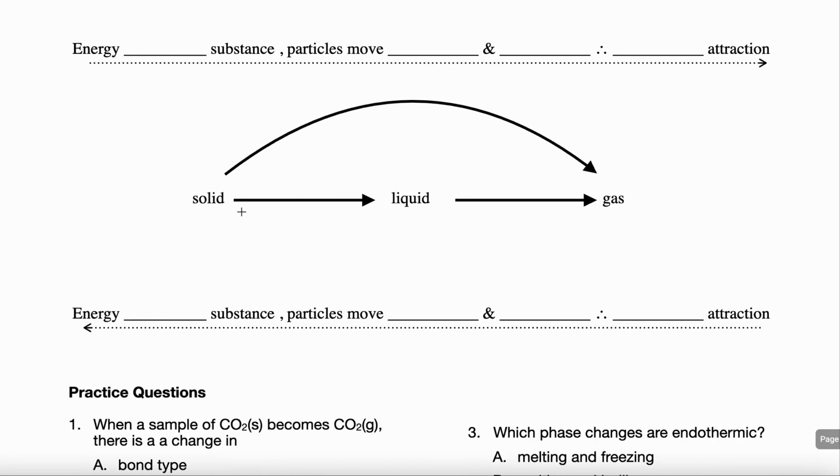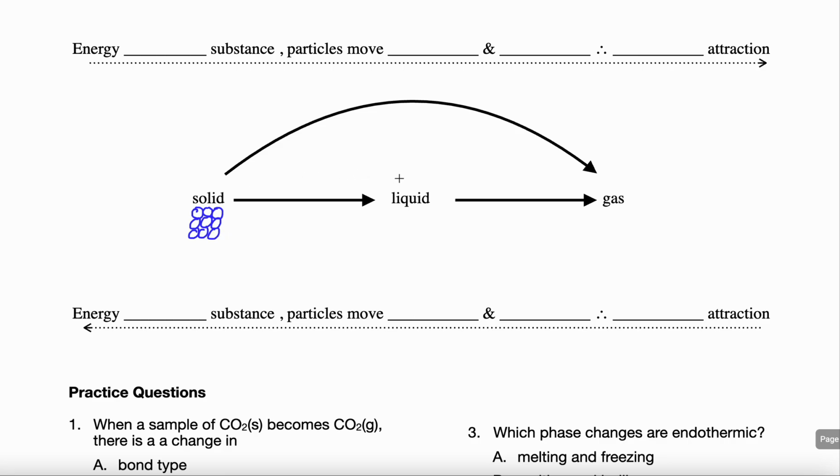So this little diagram here just shows a solid to a liquid to a gas, or a solid all the way over to a gas. So I like to start with the particle diagrams. In a solid, we tend to draw the particle diagram so that the molecules are touching and they show order.